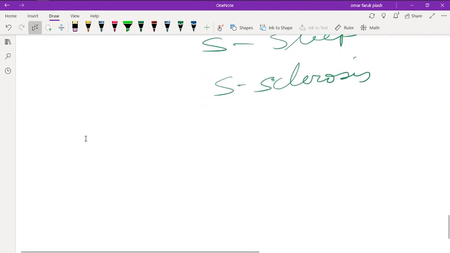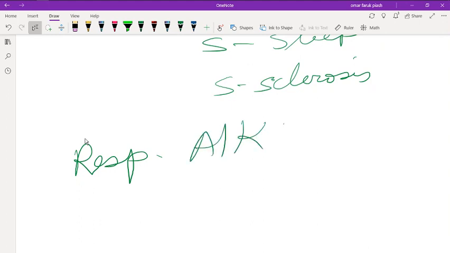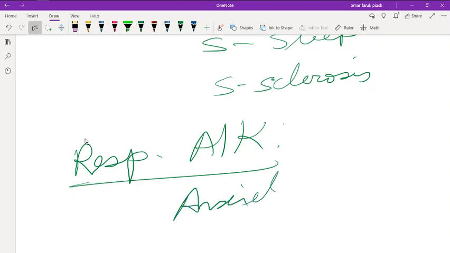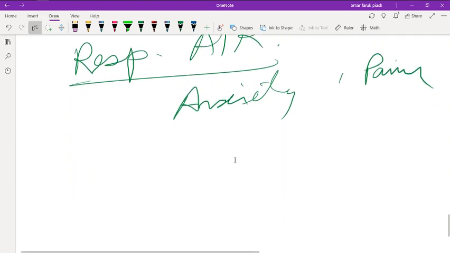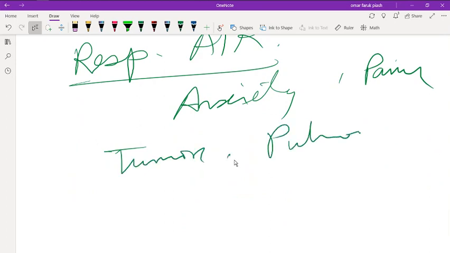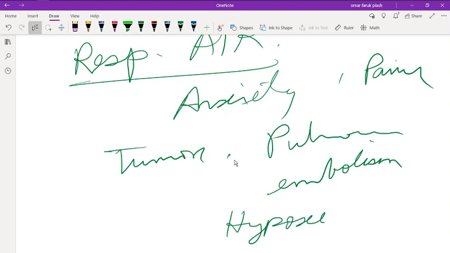And the last, the causes of respiratory alkalosis: anxiety, panic, tumor, pulmonary embolism, hypoxemia, pyrexia, and pneumothorax.